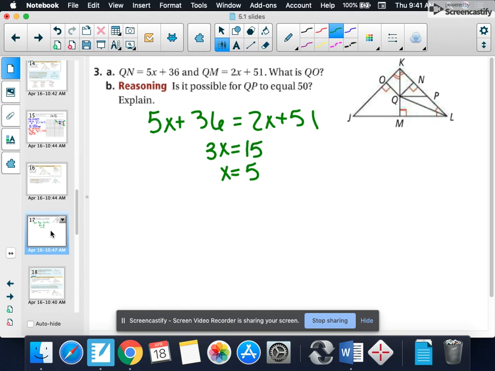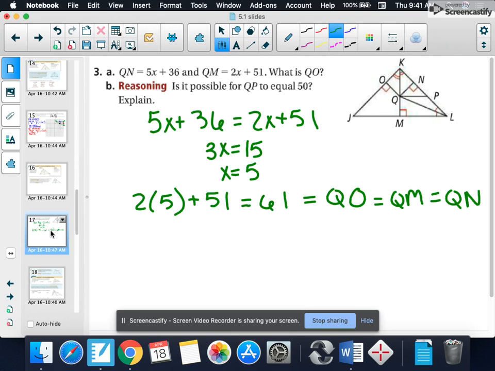It doesn't matter which one we plug back into because they're all equal. I'm plugging back into QM: 2 times 5 plus 51 equals 61. So that equals QO as well, which also equals QM and QN.